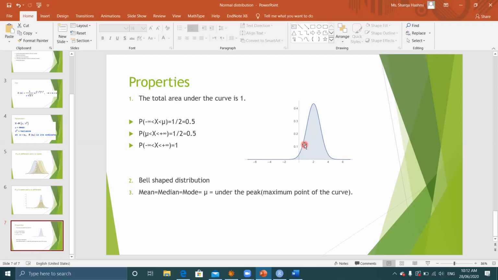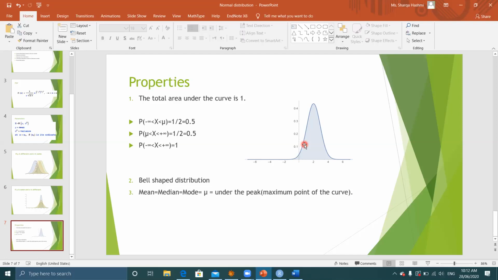Similarly, like we have done in the binomial distribution, we calculated the different probabilities at the points x, wrote them in table form, and then took the sum of all these values, and the sum should be equal to 1. So the sum of all probabilities in the discrete distribution is equal to 1.